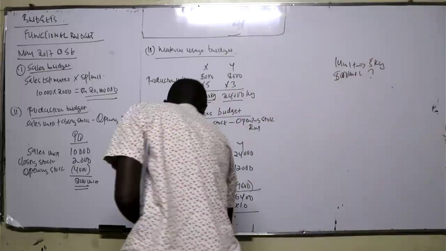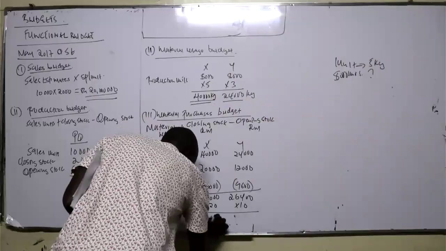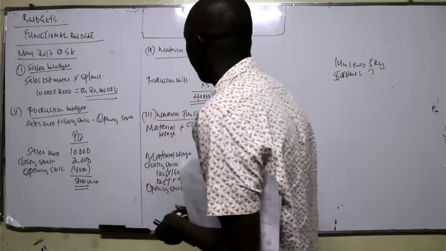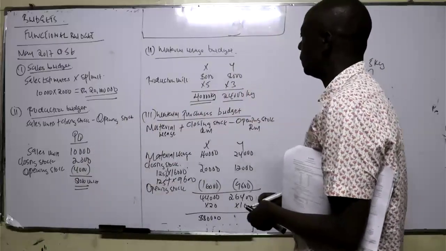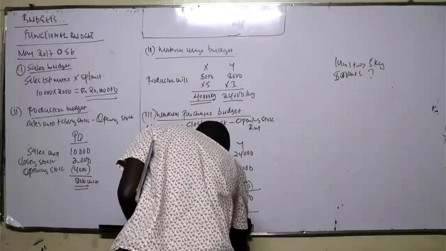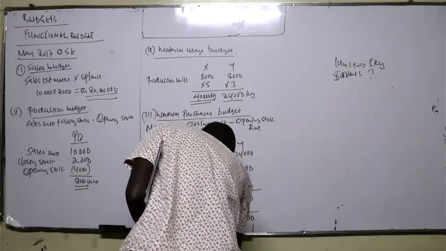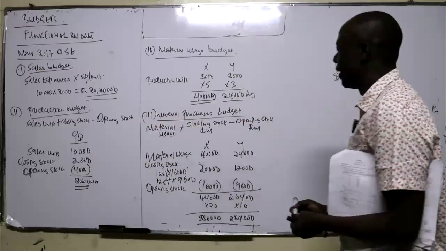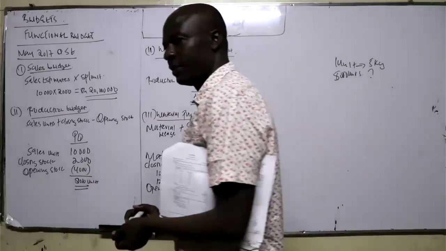So this one will be 800,000. The other one? 264,000. So that is how we prepare the material purchases budget.